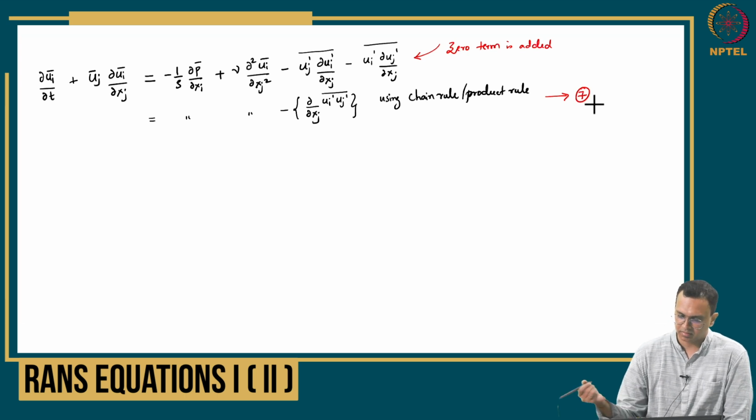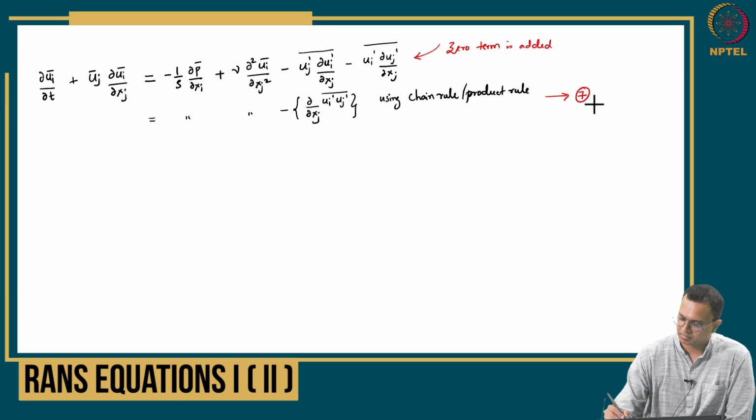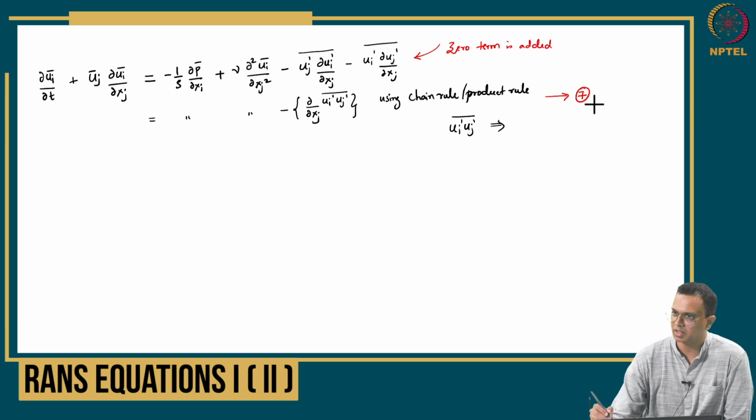So in equation 7, this particular term, we have this ui prime uj prime over bar. If I expand for different i and j values, I would get 9 terms. This is a second rank tensor, 9 terms, and it is a symmetric tensor. Whether it is uj prime ui prime over bar or ui prime uj prime over bar is the same. So the off diagonal terms are same.